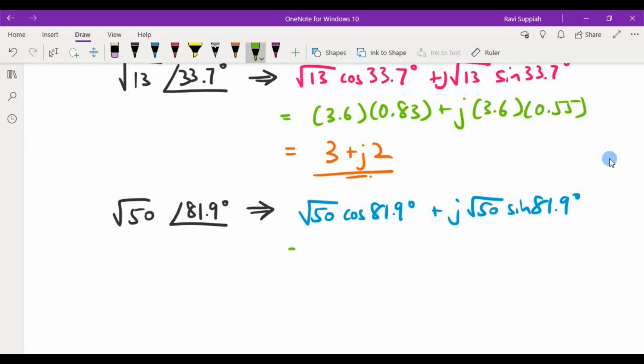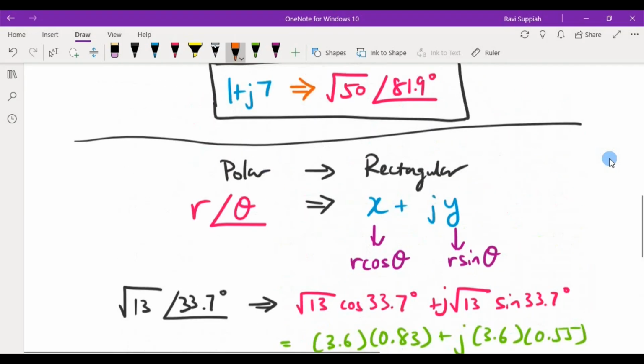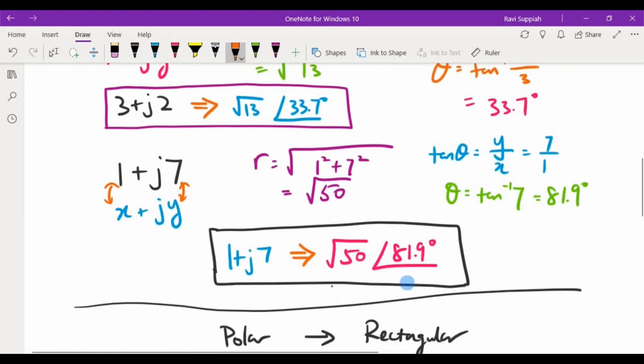So put in the numbers, and for all this you must use your calculator. 0.14 plus j 7.07 0.99. That will give us 1 plus j7, which is the same as what we had earlier.